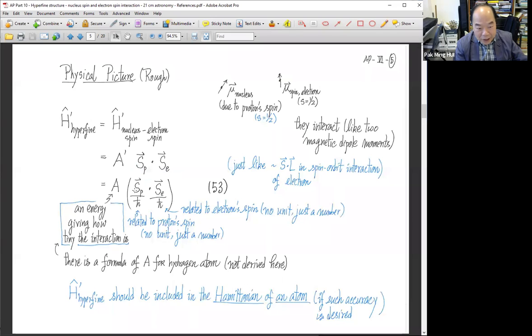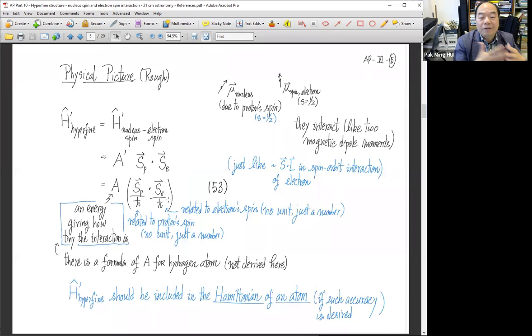To make this not carry any unit, we can divide by h bar. In this form there's no unit, just a number, and then this must be an energy. So I will be using this as the basis of our discussion.